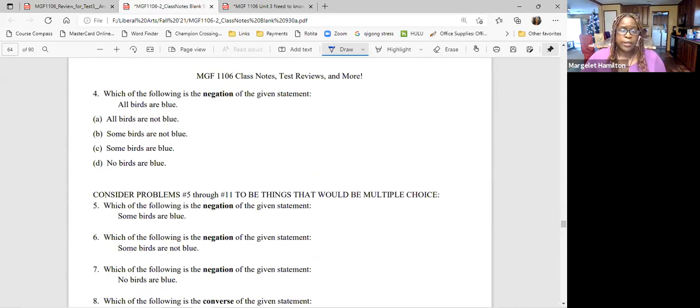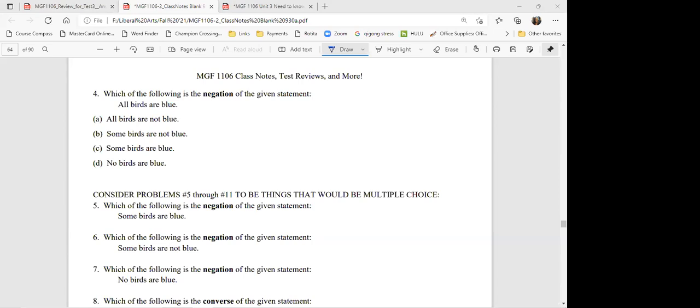Go ahead and work out looking at the negation of "all birds are blue." You should be about there.